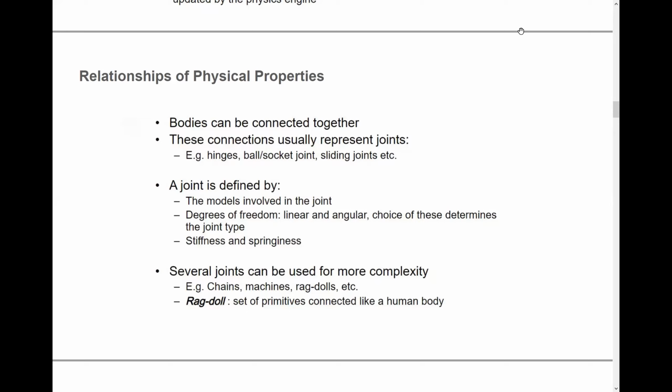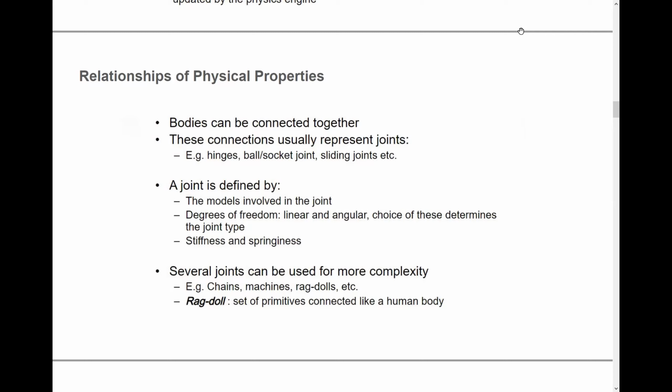Second, degrees of freedom, linear or angular motion. And the third one is the stiffness of the body. So the models in the body, the degrees of freedom, and the stiffness of the body are what define a joint, which is a connection of bodies.